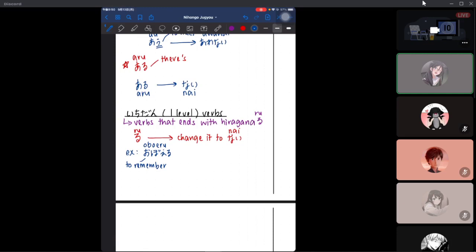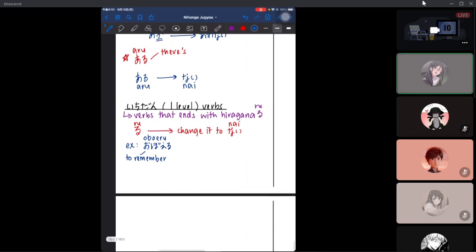Why aru cannot become anai, that one you have to ask the Japanese. I guess it's because nai sounds better and is a lot easier. This is what I am assuming. So do be careful for that one. It's not anai. So oboeru means to remember.